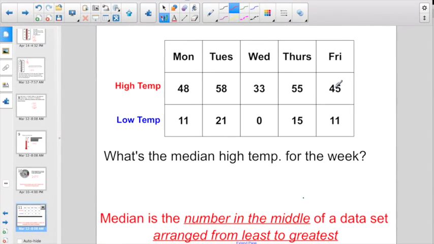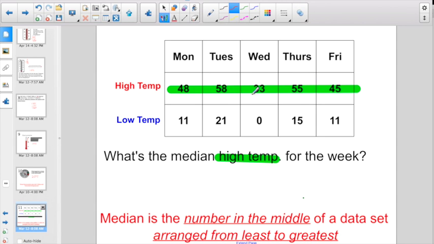Here they're giving us some data, and they're asking us, what's the median high temperature for the week? And just a reminder, median is the number in the middle of a data set arranged from least to greatest. And just a reminder, we are looking at the high temperatures. So we want to go and use these numbers arranged from least to greatest.